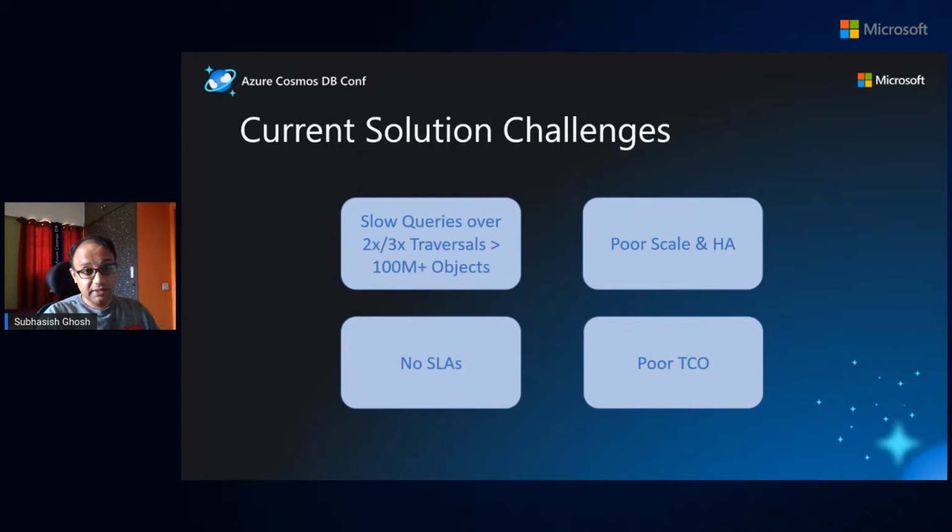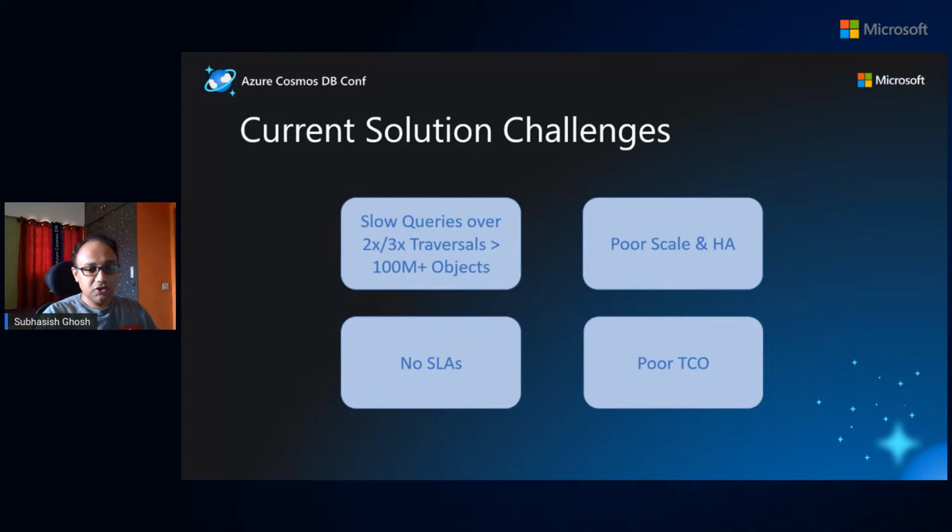For example, for this customer, we did not do 1x but 2x, 3x traversals and more, again not on 20 million or 40 million objects, but exceeding 100 million plus objects. When I say an object, I mean across an edge we are traversing. Given a 1 KB or 2 KB limit on our edge, we found that neither the performance nor the latency was good, and it also incurred cost in doing complex querying using standard relational join queries.